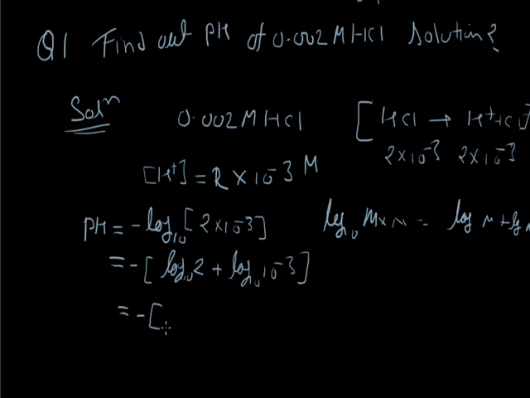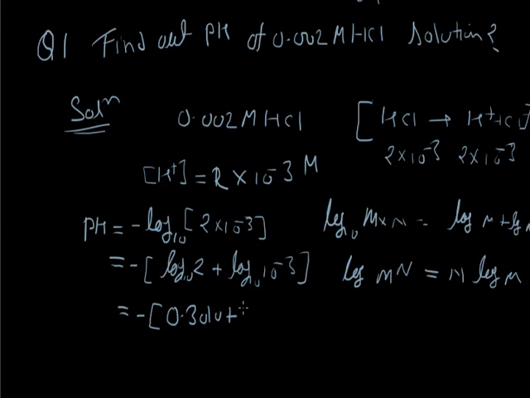Again open the bracket. We know the value of log 2: log 2 is 0.3010, plus now this one is m, this one is n. We know that log m raised to power n is equal to n log m.